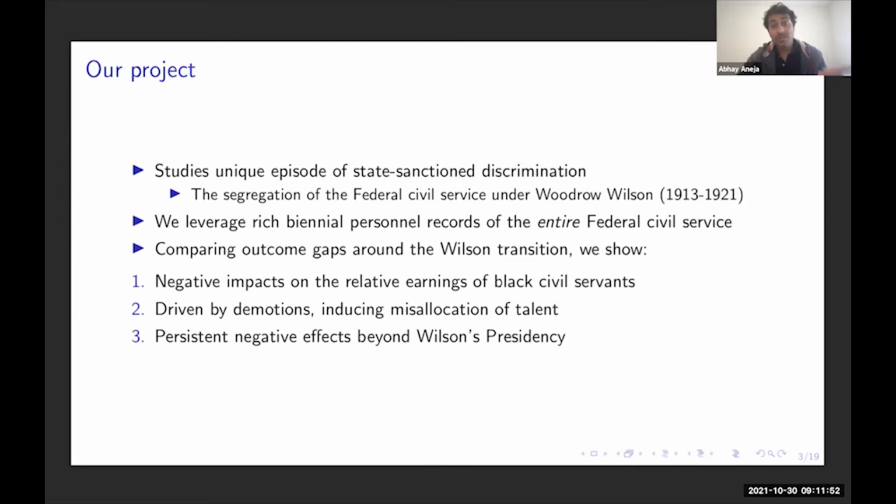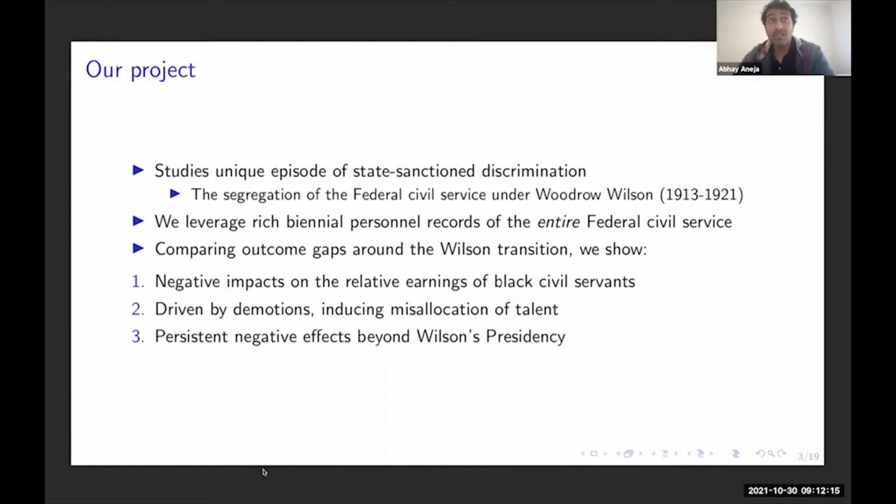So what we're trying to do in this project is make some progress on this front by studying an episode of government-sponsored discrimination, which was the segregation of the federal civil service under President Woodrow Wilson, beginning in 1912 and 1913.